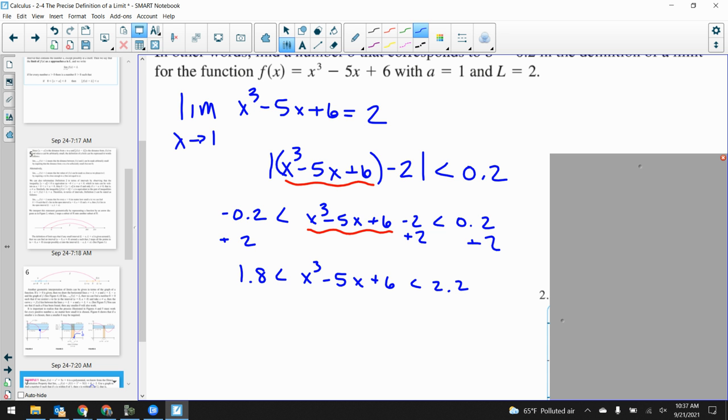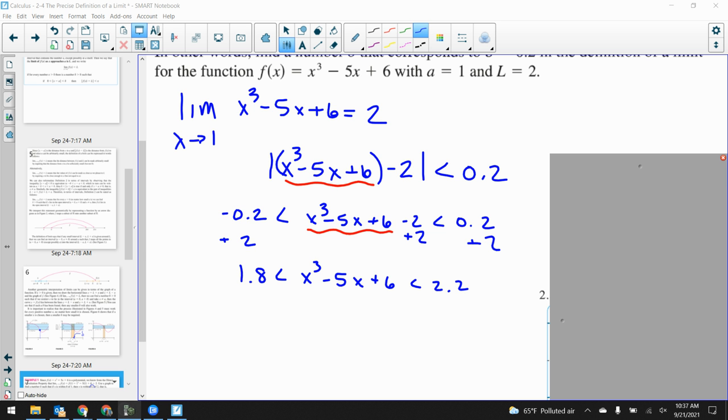And this is 2.2. So I want the outputs of my function to be between 1.8 and 2.2. I need to find my delta. I need to find my x values that will restrict me to being in between 1.8 and 2.2.